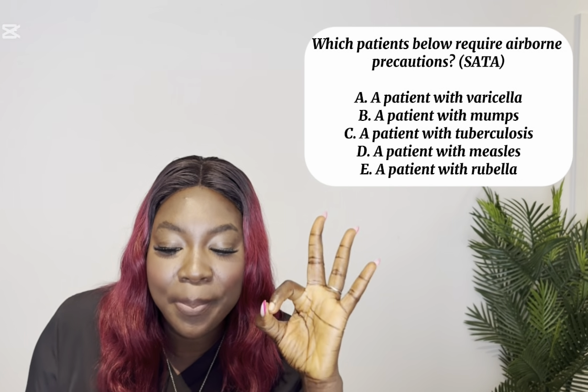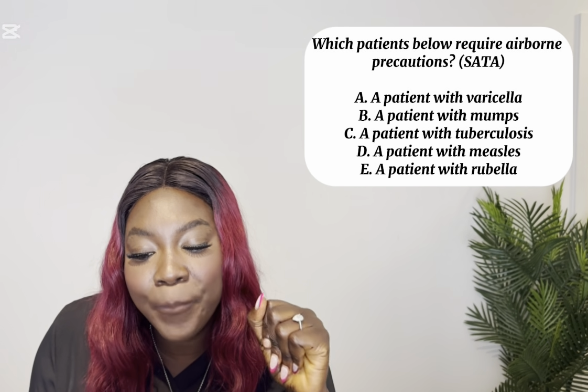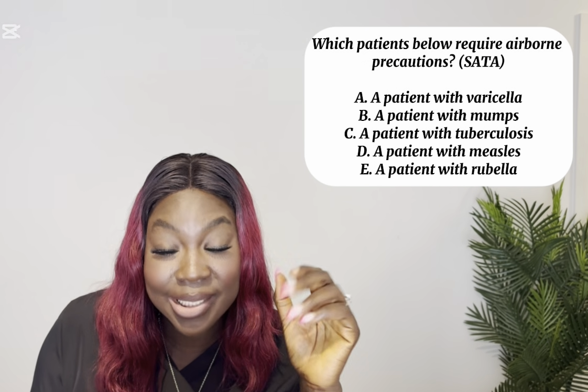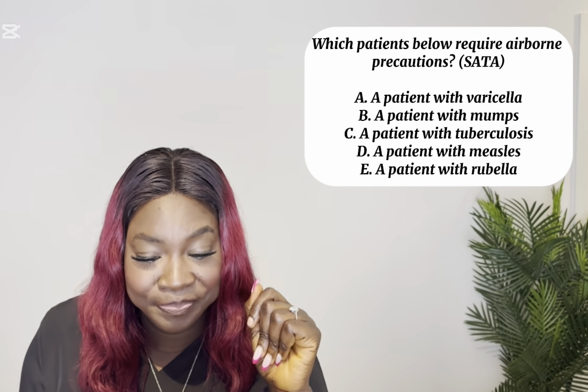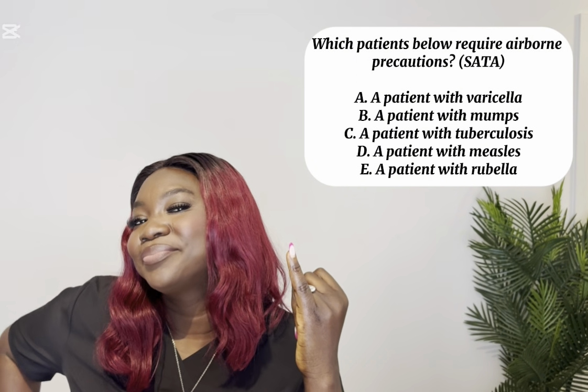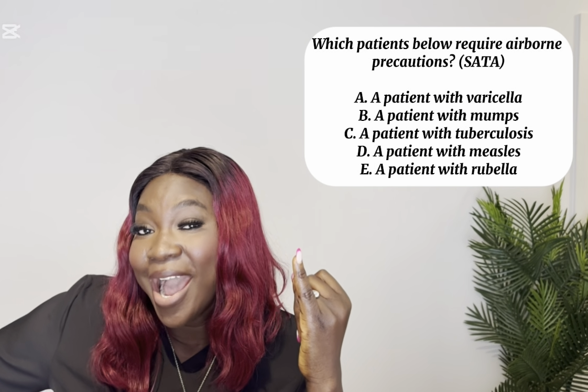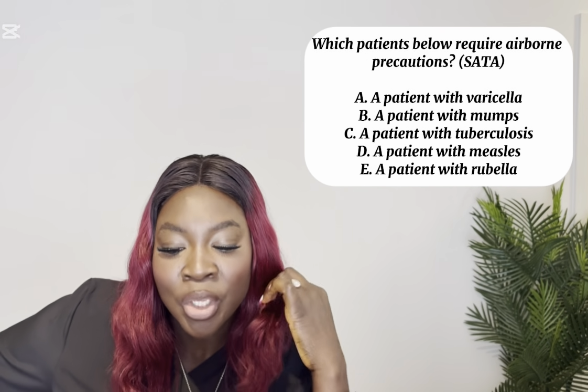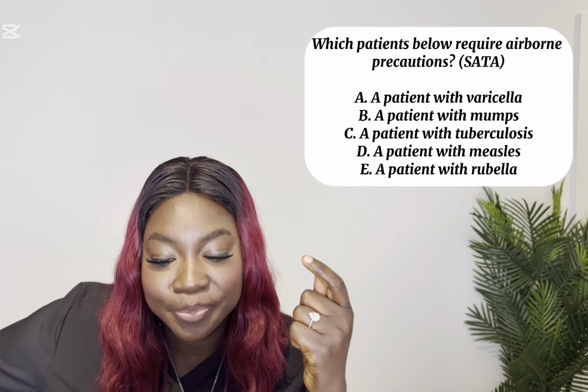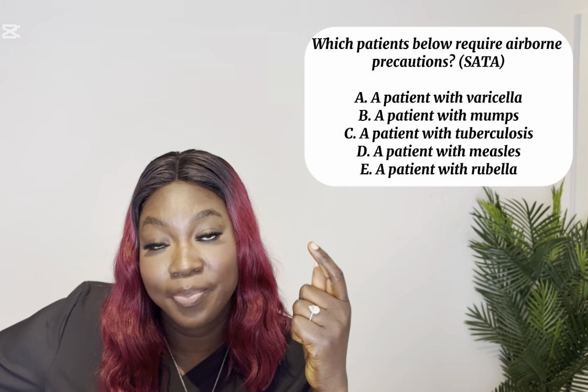Which patients below require airborne precautions? Select all that apply. Let's go through it again. A, a patient with varicella. Yes. I told you varicella, which is chickenpox, is airborne. Now, a patient with mumps. No. Mumps is droplet.